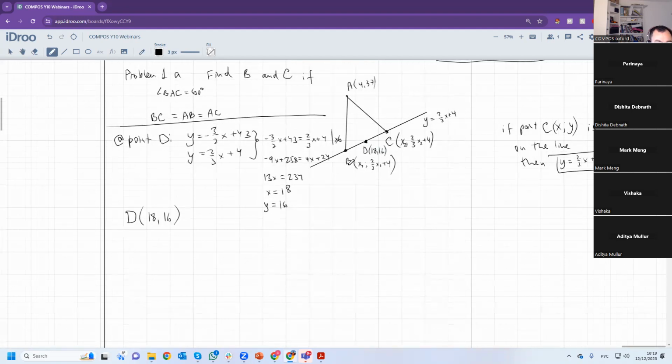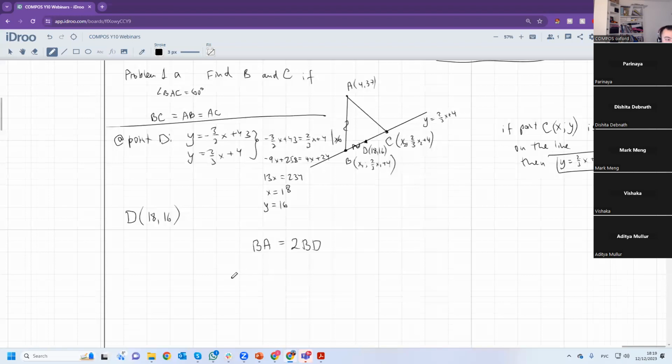We can say that BA is 2 times BD. So this side is double this side because that's half. It's an equilateral triangle, and this is half of the side, and this is the whole side.